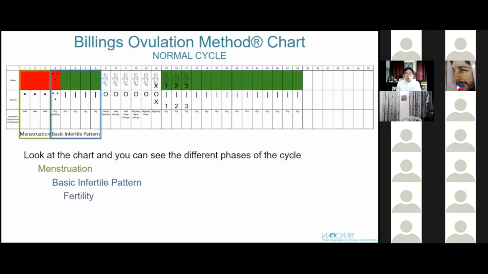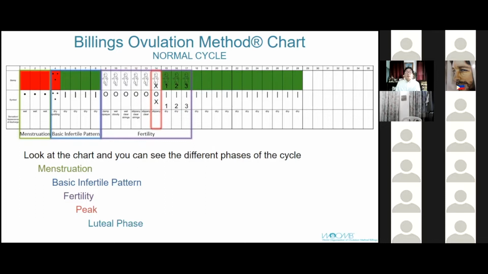Fertility includes the first 3 days of the Luteal Phase. So those are the days of the fertile period. And the 4th day past the peak, or the 18th day, the 4th day of the luteal, is the beginning of the infertility. Peak day is on day 14, the last day of slippery sensation, which is probably the day of ovulation.